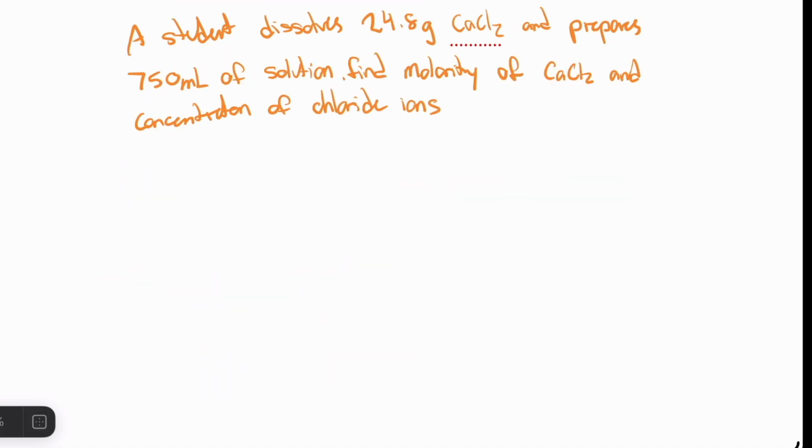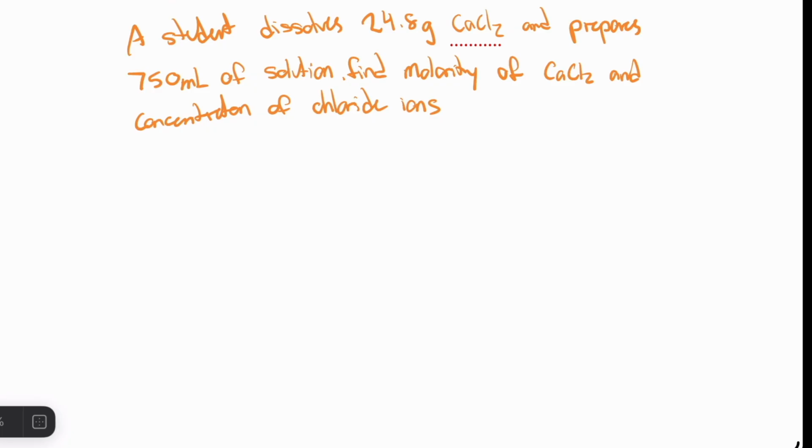Let's solve one more problem. And this one's asking us for 2 different pieces of information. So a student dissolves 24.8 grams of calcium chloride and prepares 750 milliliters of solution. Find the molarity of calcium chloride and then the concentration of chloride ions. The first thing we should do is get the molarity.